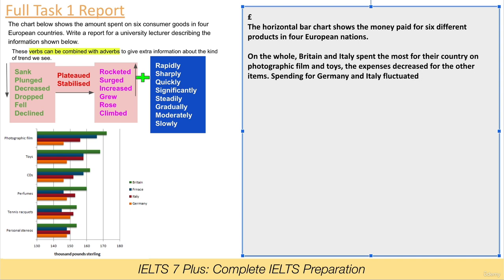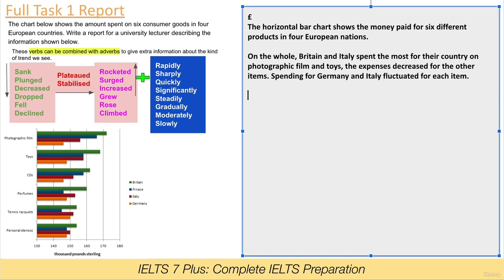It goes up, it goes down throughout, fluctuated for each item. Okay, let's read this back. On the whole, Britain and Italy spent the most for their country on photographic film and toys. The expenses decreased for the other items. Spending for Germany and Italy fluctuated for each item. There we go, there's no pattern there.